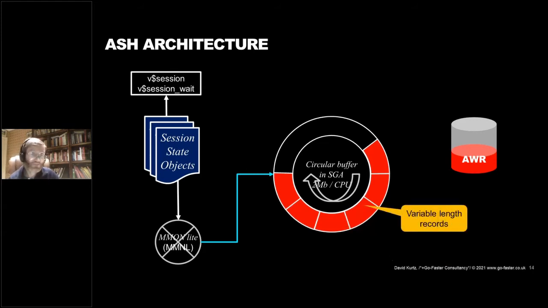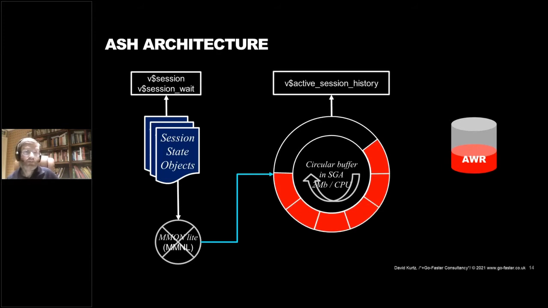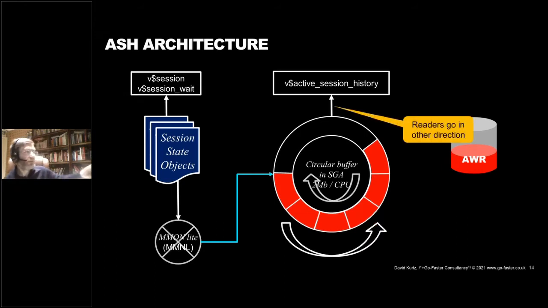Oh, these ASH records are variable length as well. And that ASH buffer is exposed as V$ACTIVE_SESSION_HISTORY. So when you query the ASH data in V$ACTIVE_SESSION_HISTORY, you are querying this in-memory buffer directly. And this is the 1 second sample. Every second a row gets written in here. And querying this V$ view as a reader goes the other way.